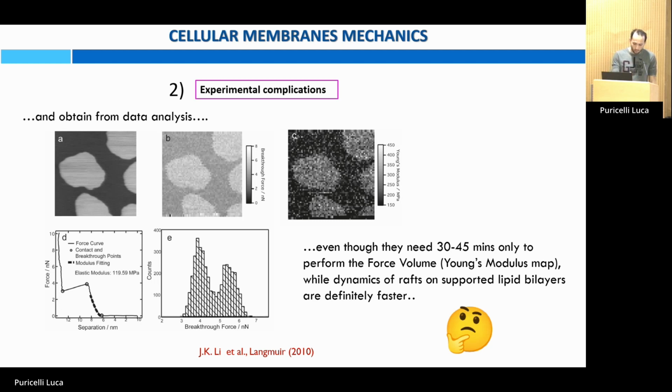A topographic map in one-to-one correspondence with a map of breakthrough force and Young's modulus. Even though this is a paper from 2010, I have some doubts on the way they obtained these results, because the samples basically look frozen, whereas we know that the dynamics of these islands on model cell membranes are definitely faster.